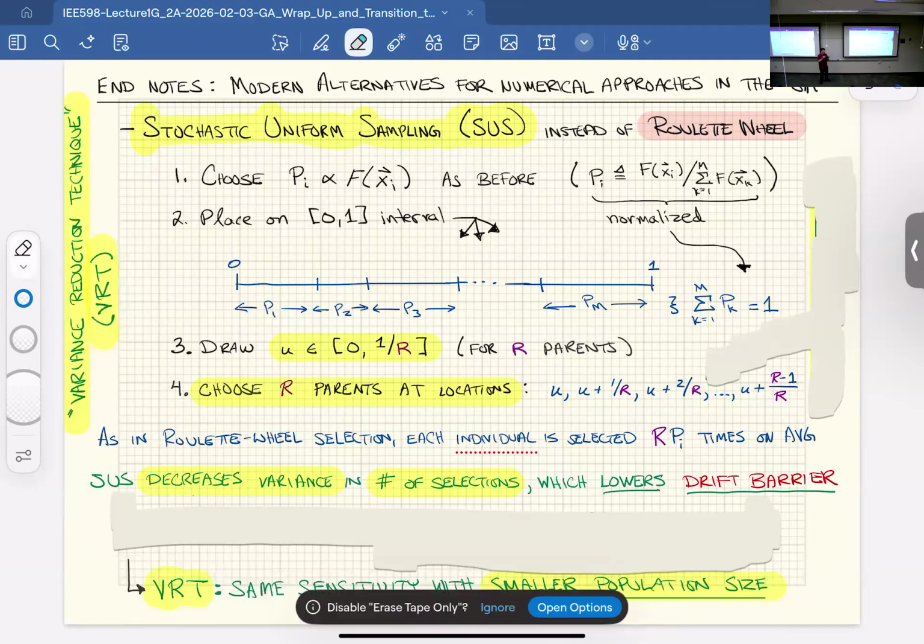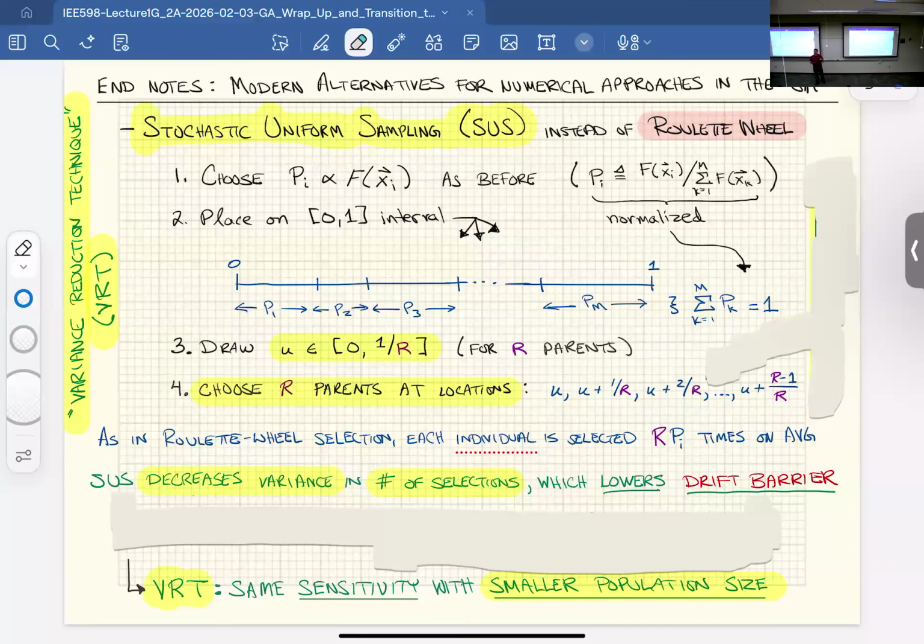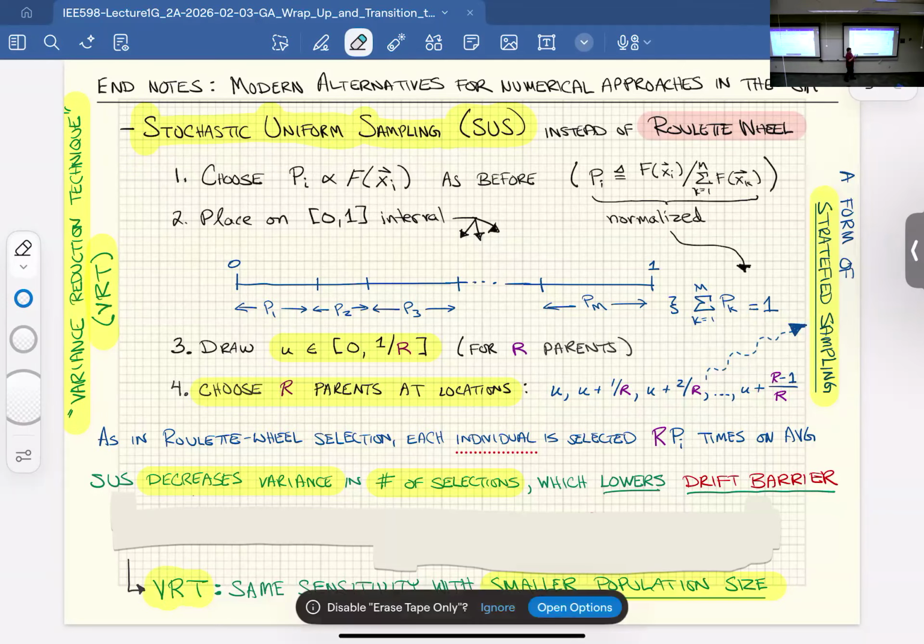This is what we call, in simulation, if you've taken any simulation courses, a VRT, a variance reduction technique. It's just a different way to get the same output where the average behavior is the same, but the variance is different.